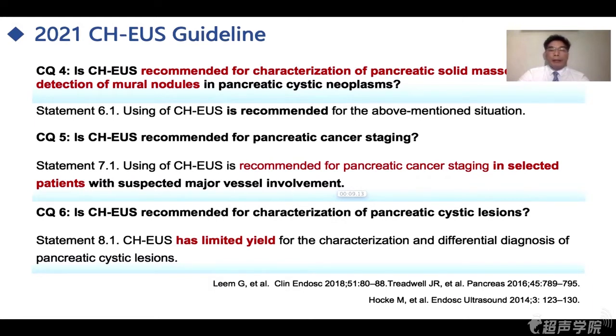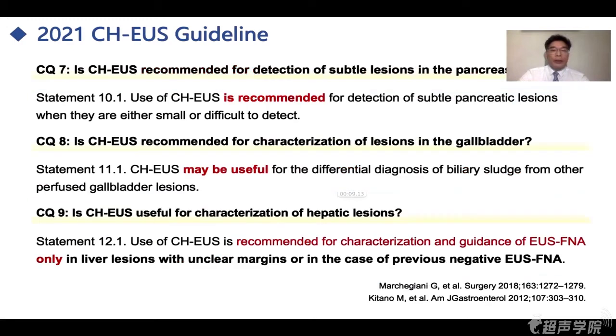CHEUS is recommended for pancreatic cancer staging in selected patients. 8. It has limited yield for the characterization and differential diagnosis of pancreatic cystic lesions. 9. It is recommended for detection of subtle pancreatic lesions. 10.